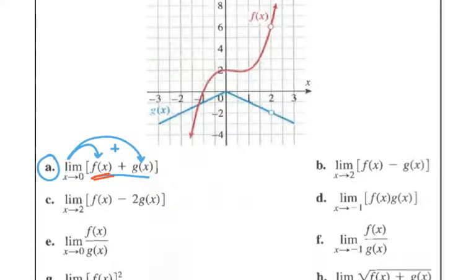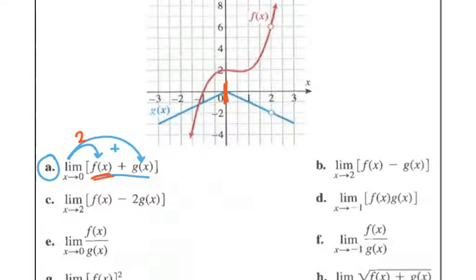As I look at f of x, as I'm approaching 0, 0 is right here in the middle, friends. As I approach from the left, I get 2. As I approach from the right, my y value is 2. They're equal, so therefore the overall limit of f of x is 2. Let's do the same thing with g of x here, friends.